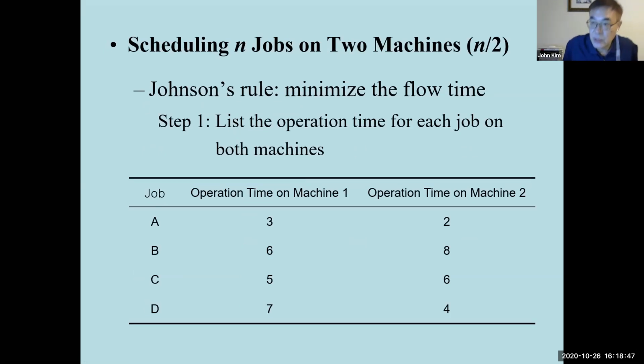Okay, scheduling method. Scheduling n jobs on 2 machines. Many cases in our life: if this is a regular class, face-to-face, then usually I print out the lecture notes and make copies and distribute them in class.